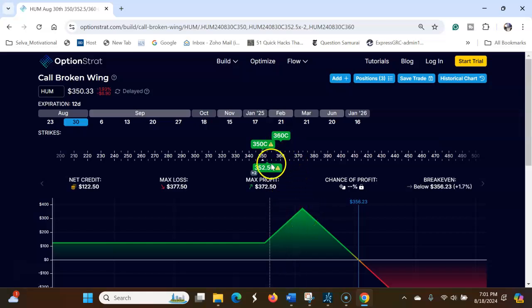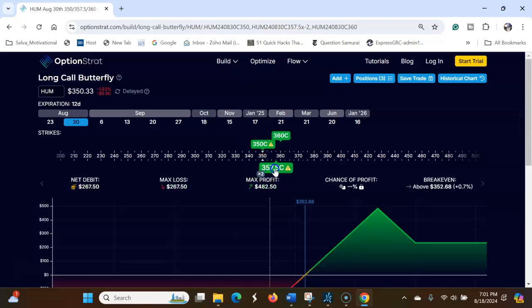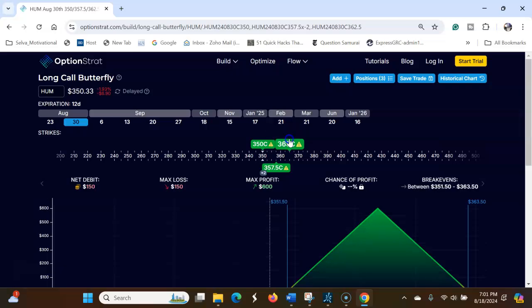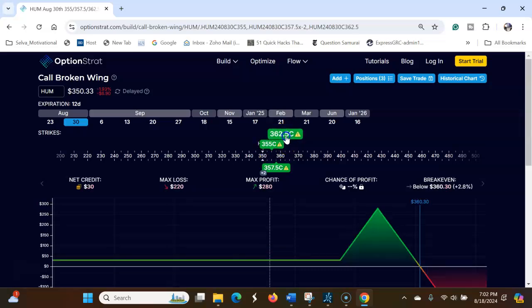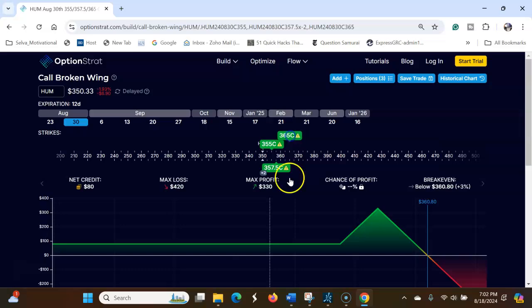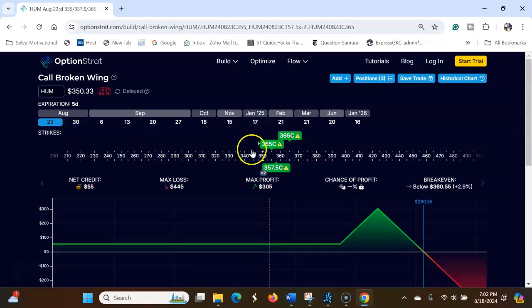Okay, so if you want to move this a little bit, say you want to go here, okay, so you can see that you have more runway. Okay, you go here, not much.